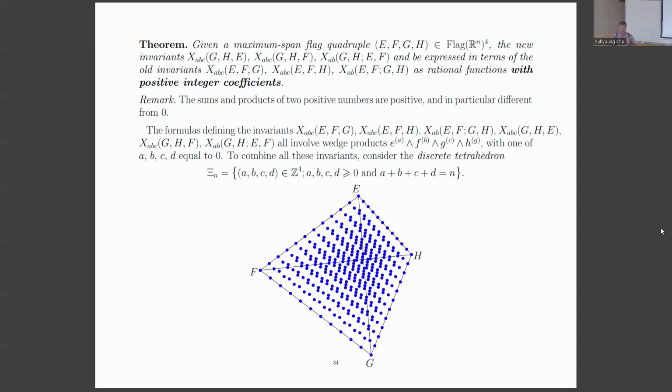And to consider all of them, we pack them in the discrete tetrahedron, exactly like previously I had a discrete triangle, which is the set of A, B, C, D, where A, B, C, D are non-negative integers whose sum is equal to n. That's exactly that. And so here is a picture.